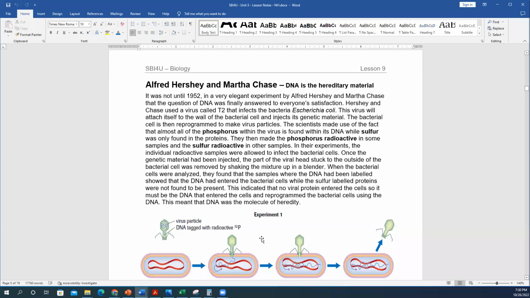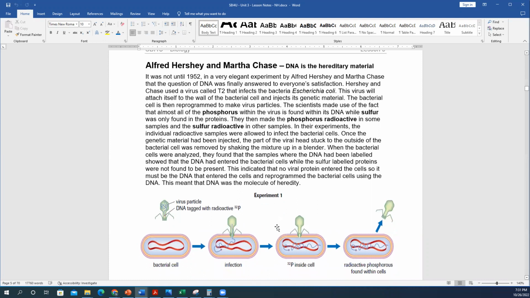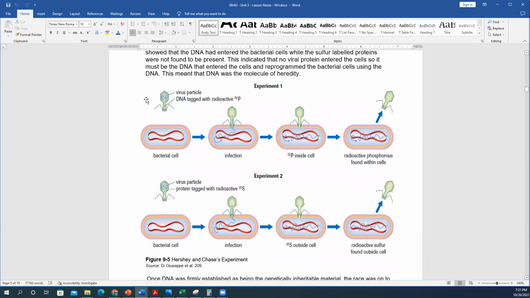Hershey and Chase experiment, which showed quite definitively that DNA is the hereditary material. They did that experiment by using a virus particle, and they labeled it with radioactive phosphorus, which would tag DNA, or they labeled it with radioactive sulfur, which would tag the protein coat of the virus.